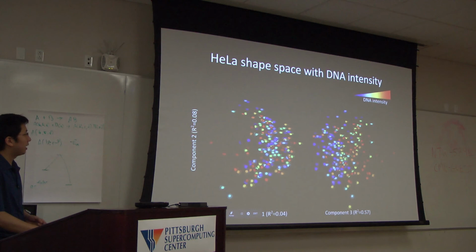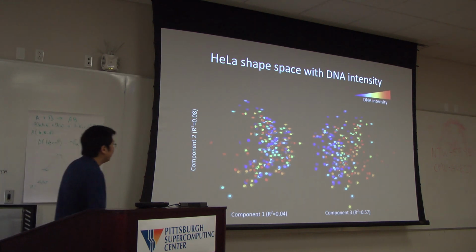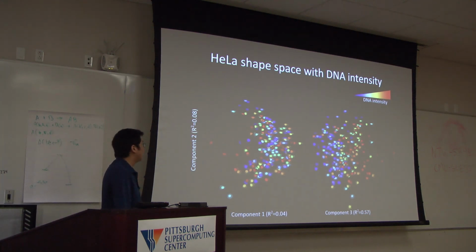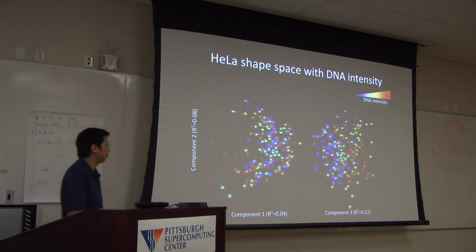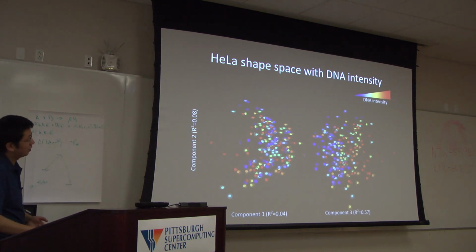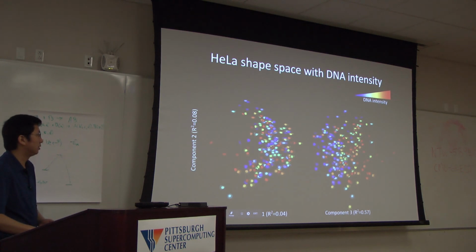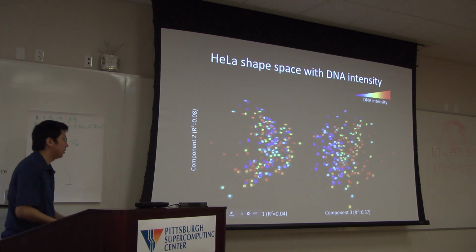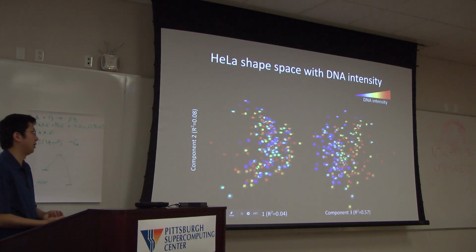We calculate the correlation between each component and the DNA intensity, and we found the third component in the shape space has a very high correlation with the DNA intensity. This also suggests the DNA intensity may affect the morphology of the cells.